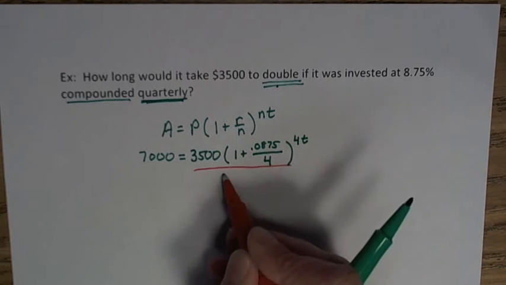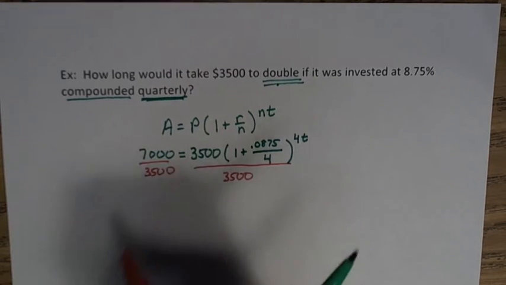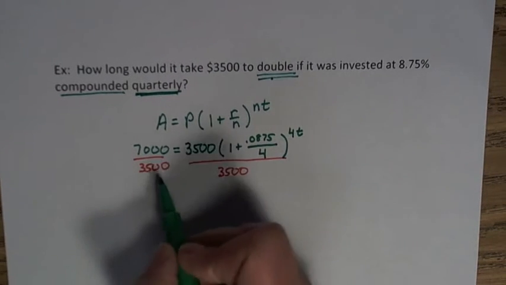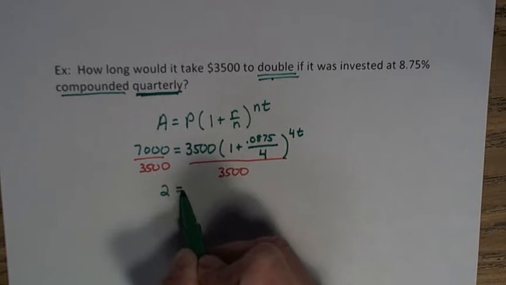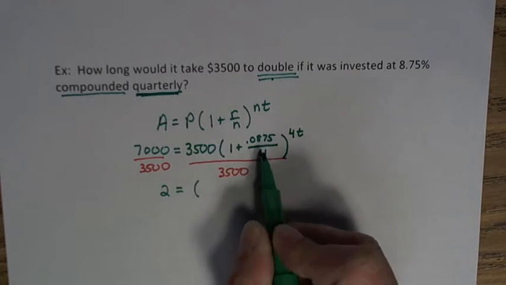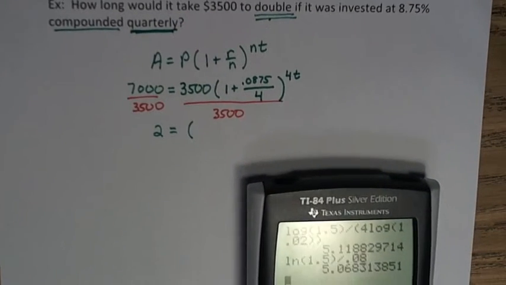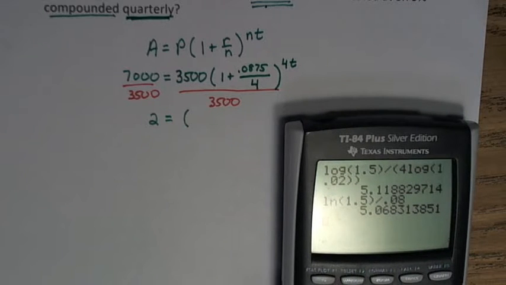equation, notice that if I divide both sides by 3,500, I end up with 2 is equal to, and again, if we can simplify this number down, we're going to go ahead and do that. Now, that might not work real nicely on this problem. Let's see what happens. 1 plus 0.0875 divided by 4.